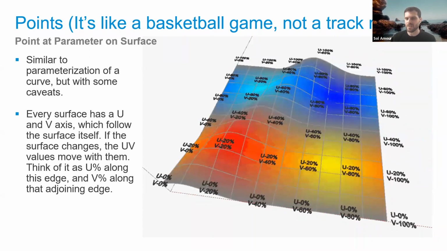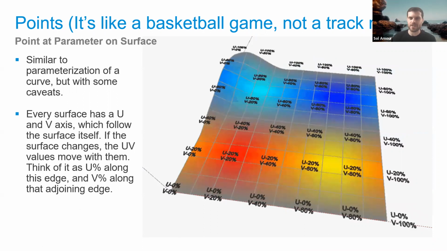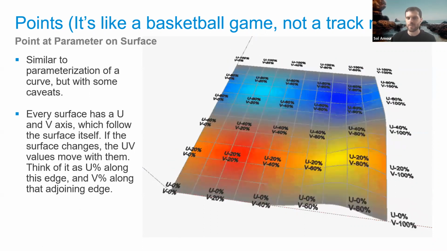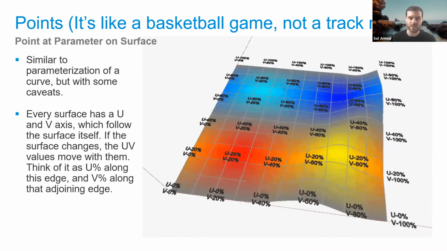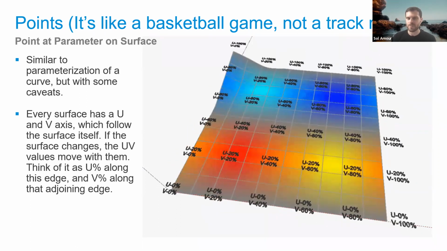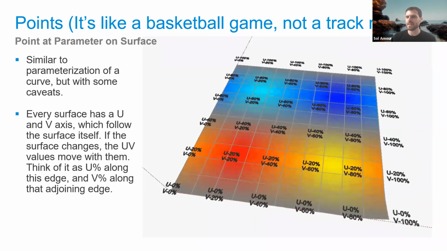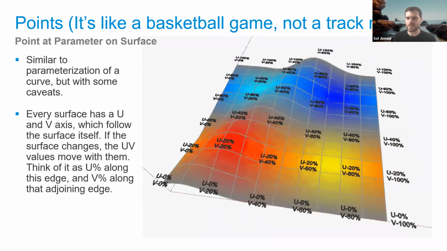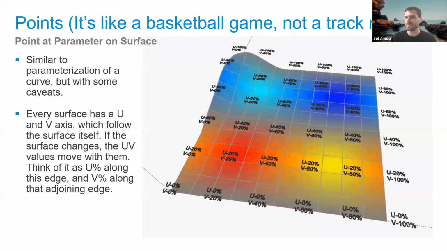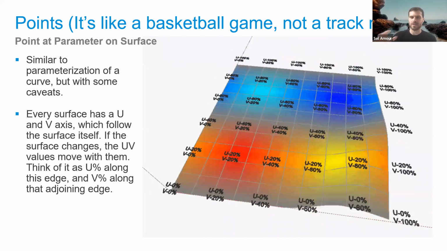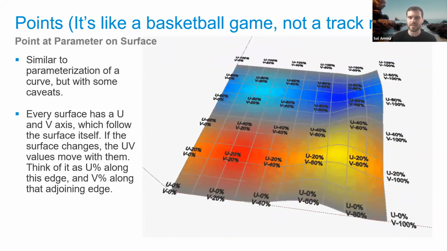What that means is as you deform the surface, those UV parameters are going to take into account those changes and make sure that they're still proportionally accurate to that percentile after that deformation. So the same surface going through a deformation is going to have the UVs in slightly different locations, but relative to that surface itself, they're going to be consistently accurate.